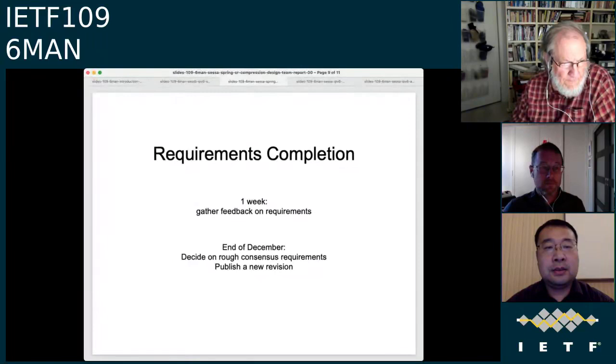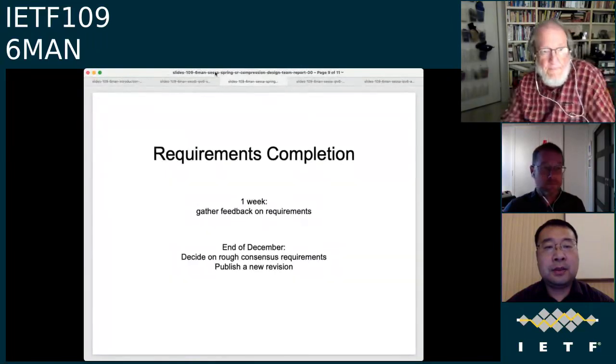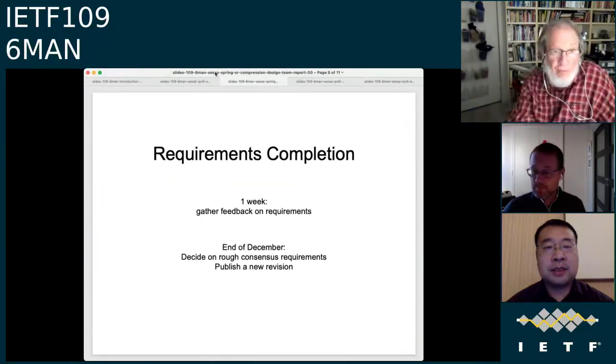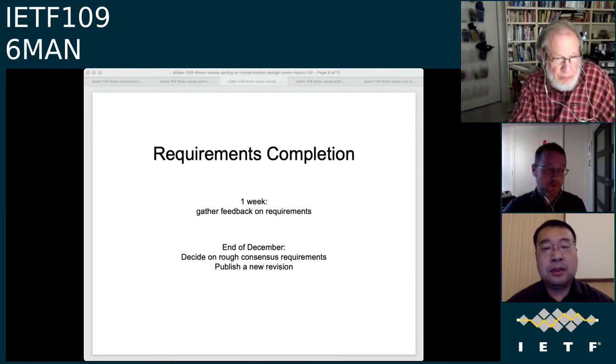And within the design team, we will have some discussion and resolve them soon. For the design team, we hope to generate a new revision by the end of this year, and we hope to submit the version on time. So next page.